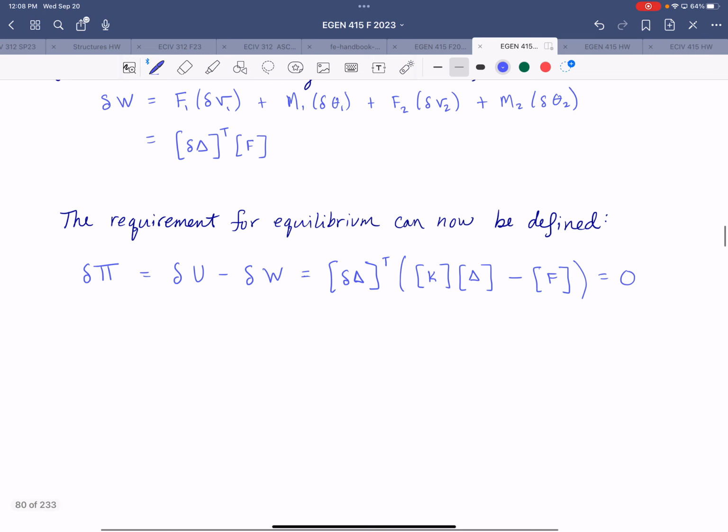Since the delta-delta product, or if you can think of it as a product, really the lowercase delta isn't a value, it just represents the variation in displacement. But it's a non-zero value for variation in deflections.